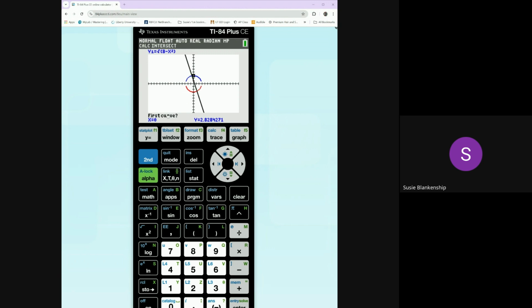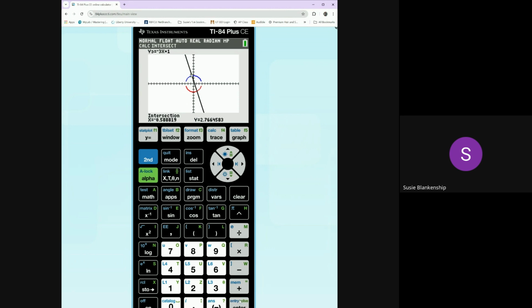So, okay, the first curve is blue. Yes, enter. The second one, we don't want red because they're not intersecting. That's the same circle. I need to look at the black, the line. If you hit the up button, it's going to go to that one. We don't want that one. If we hit it again, it's going to go to the curve that we want. You have to kind of pay attention to what you're doing.